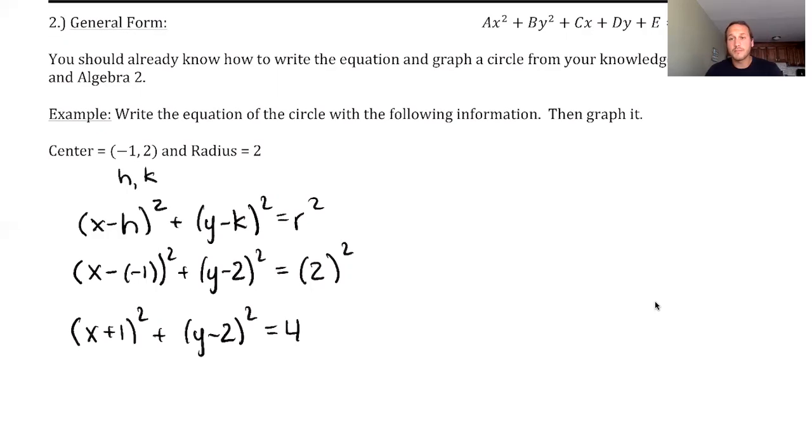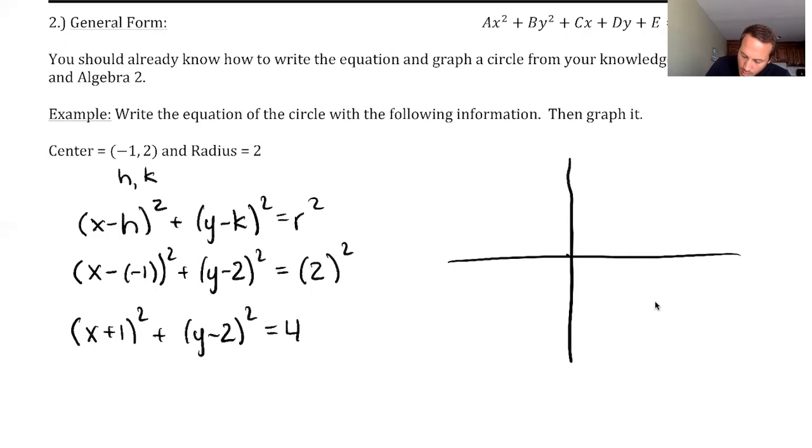Now from there, how do I graph this? Well, I start on my coordinate plane. I'm going to go to my center. My center is -1, positive 2.